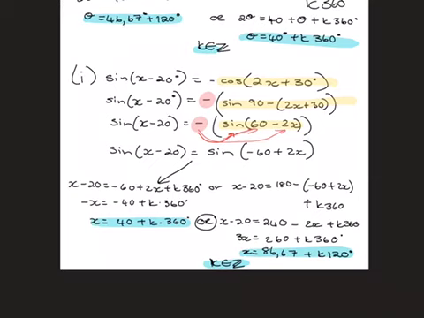Okay, so then we end up with sine bracket equals sine bracket. Because it's sine and sine, not sine and negative sine, you can then drop the signs and use the general solution. All right, get everything over to one side and then solve.